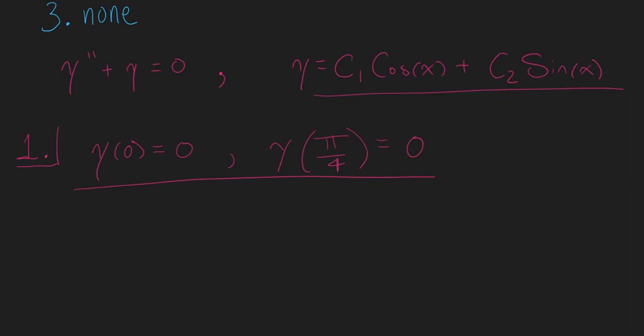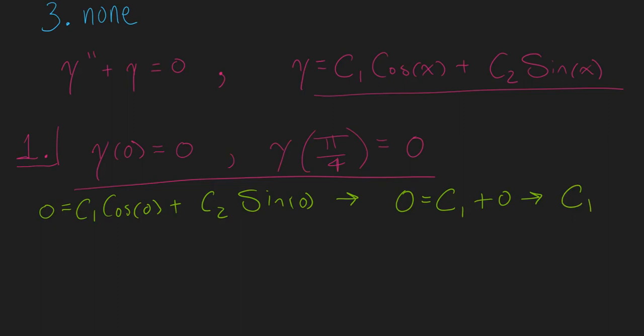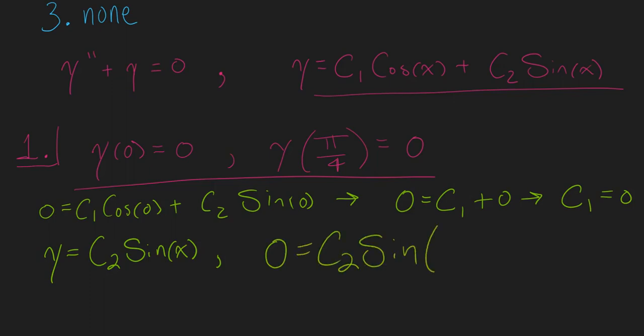So y of 0 is equal to 0. We have 0 is equal to c1 times cosine of 0 plus c2 sine of 0. Cosine of 0 is 1, so this is c1 plus, well, sine of 0 is 0, so that's just 0. This implies that c1 is equal to 0. Then our solution is c2 sine of x. Now if we apply the second condition, we have 0 is equal to c2 times sine of pi over 4.